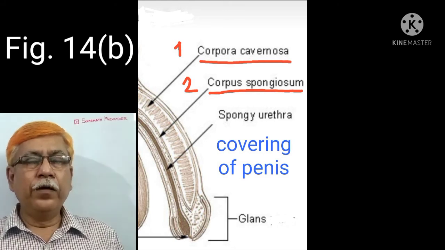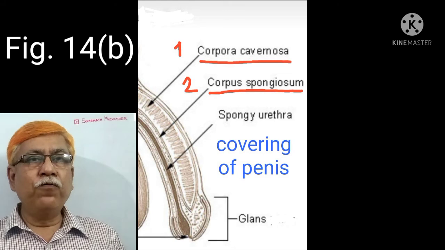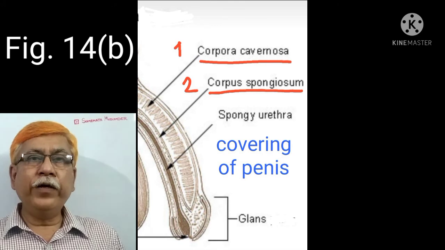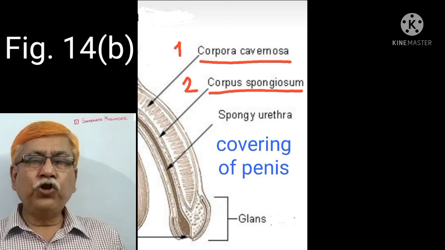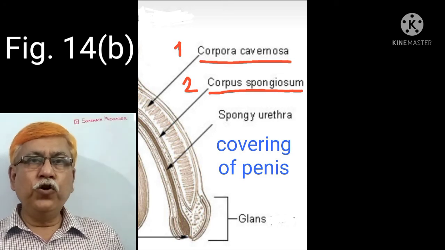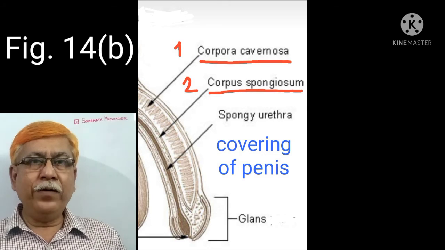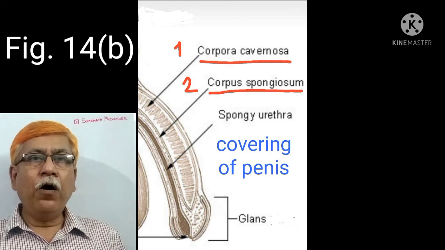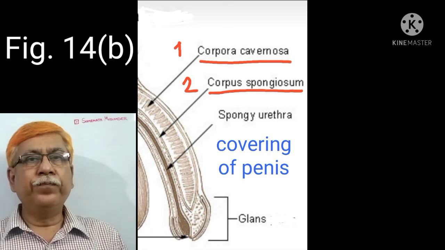The single ventral column of tissue that surrounds the urethra is called the corpus spongiosum. The urethra extends throughout the length of the corpus spongiosum and opens through the external urethral orifice at the tip of the glans of the penis.